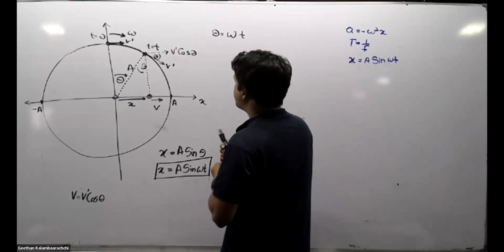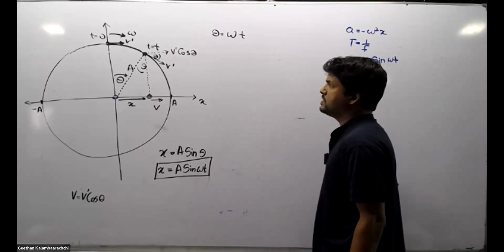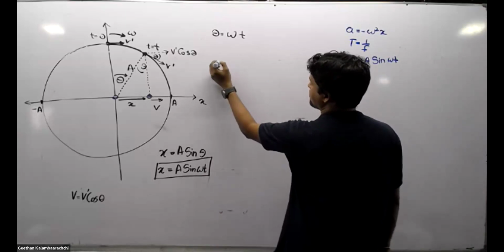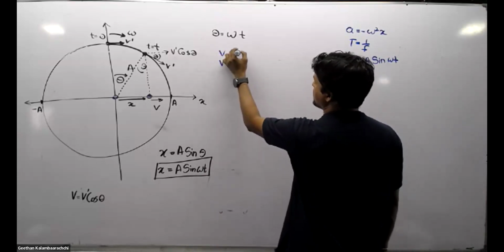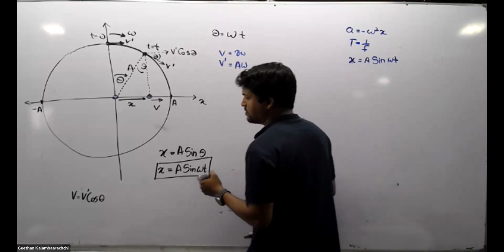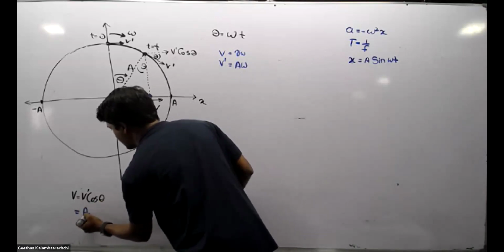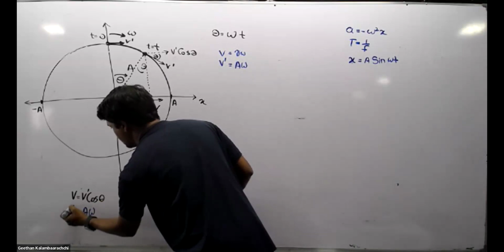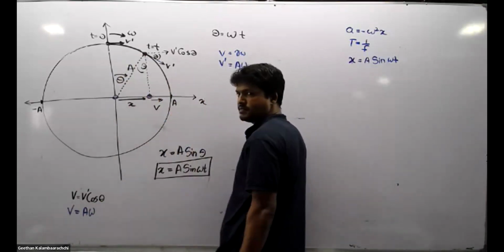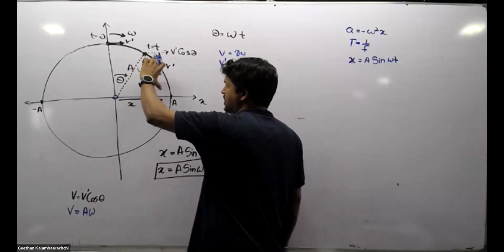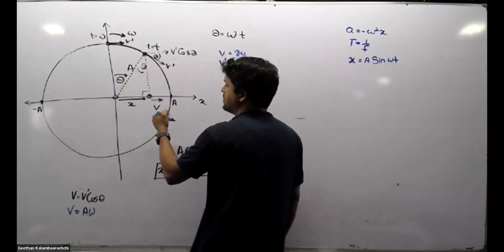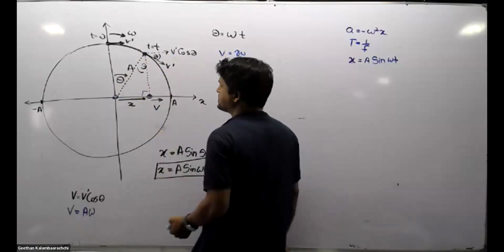Next we need to find v. V equals R omega. V dash equals R omega, so V dash is equal to A times omega. Here I am going to take V equals A omega into cos theta. What is cos theta? This is a right angle triangle. You know the hypotenuse, you know the opposite, so you can find the adjacent.